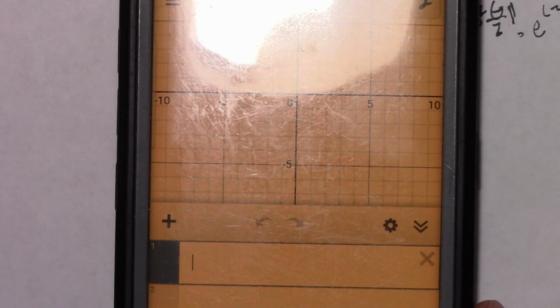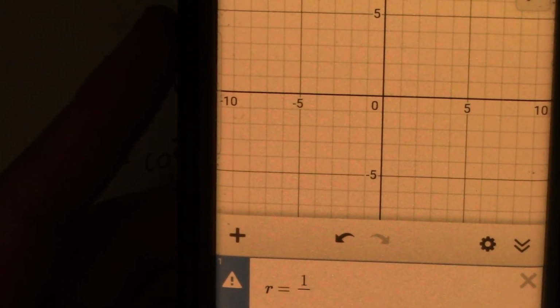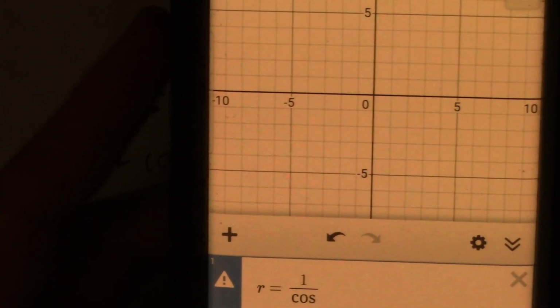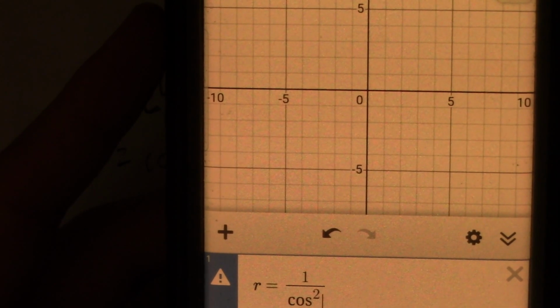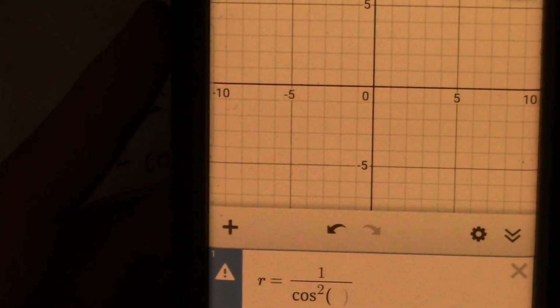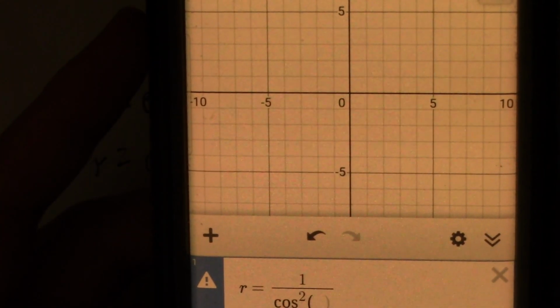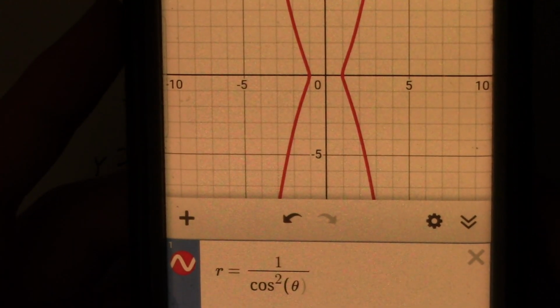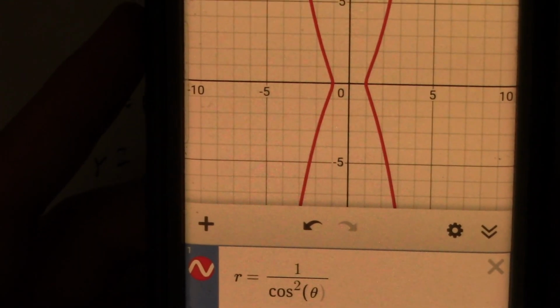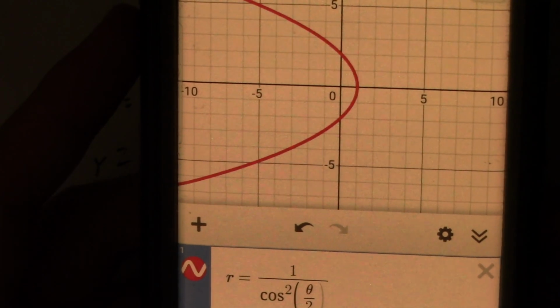Well, that light's a little bit bright. Oh, that looks good. r equals 1 over cos squared theta over 2.